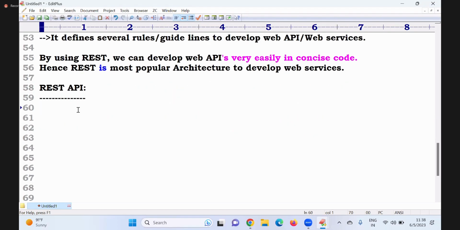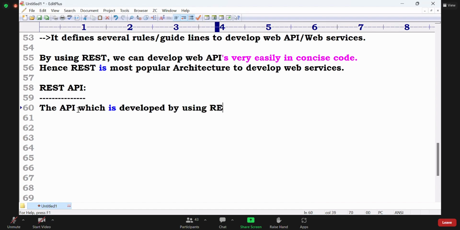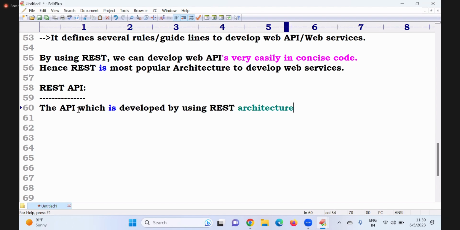Fourth word, REST API. The API which is developed by using REST architecture is nothing but a REST API, or else some people call it a RESTful API.